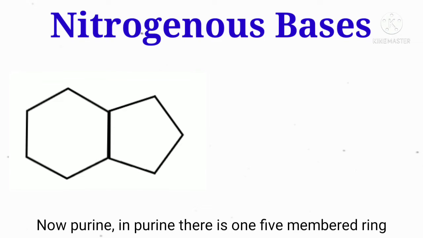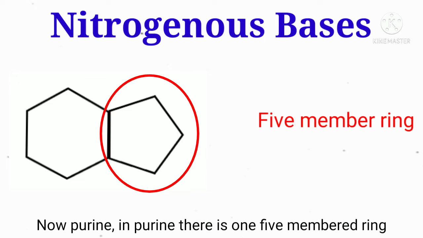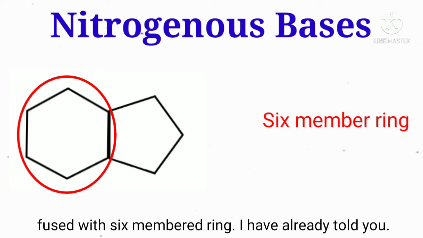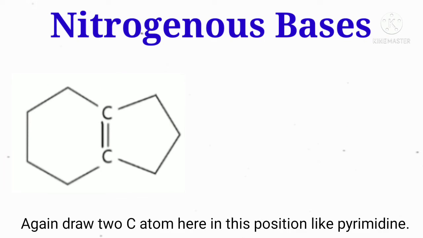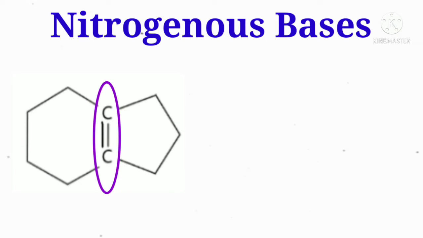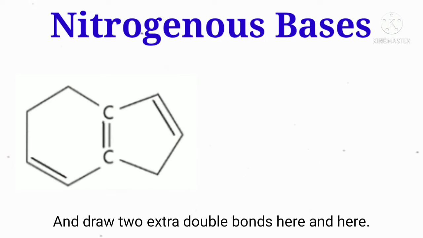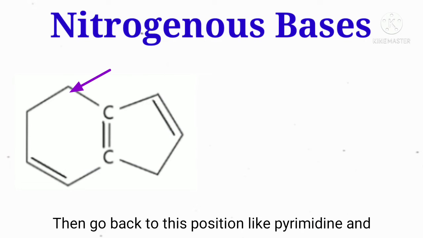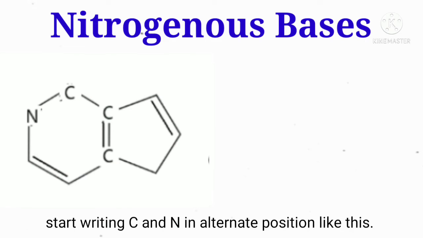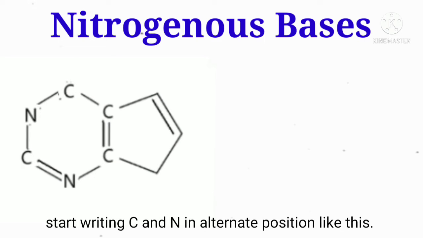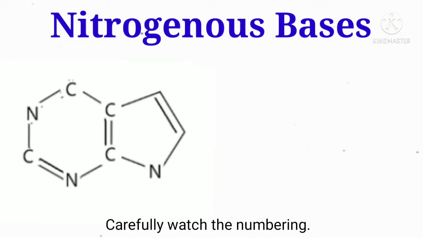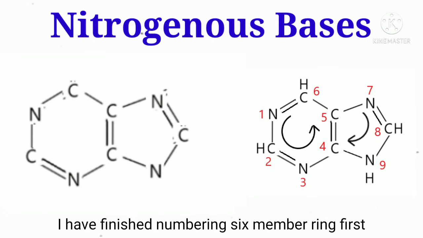Now purine. In purine, there is one 5-membered ring fused with a 6-member ring, as I have already told you. Again, draw two carbon atoms here in this position like pyrimidine and draw two extra double bonds here and here. Then go back to this position like pyrimidine and start writing carbon and nitrogen in alternate positions like this. Carefully watch the numbering.